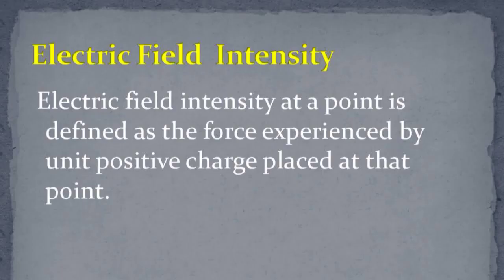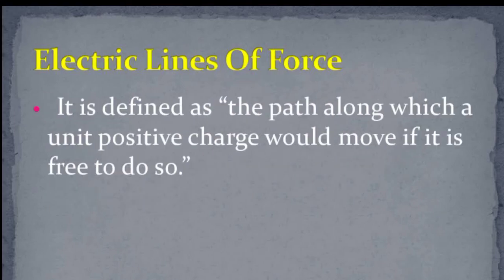Electric field intensity at a point is defined as the force experienced by a unit positive charge placed at that point. Electric lines of force: it is defined as the path along which a unit positive charge would move if it is free to do so.